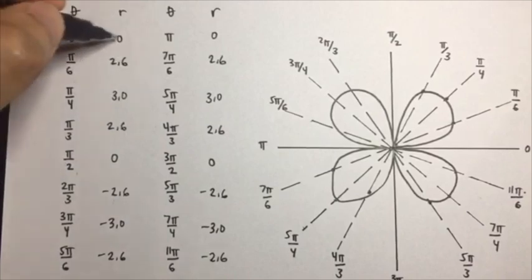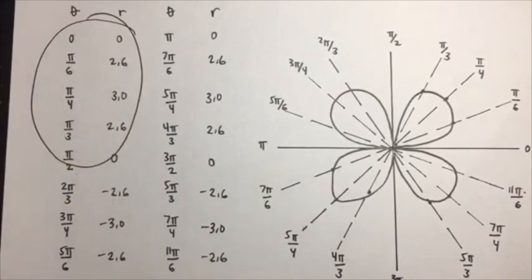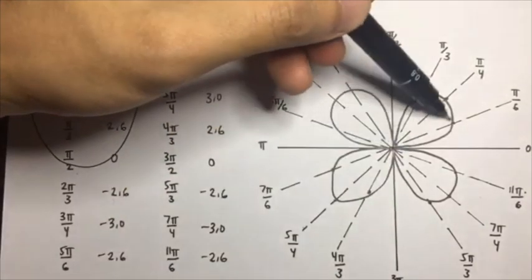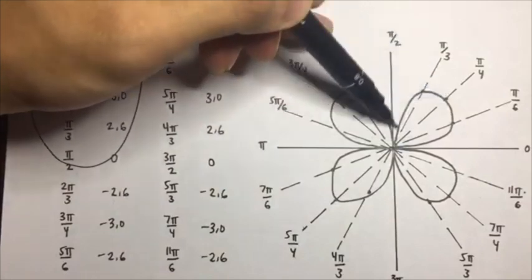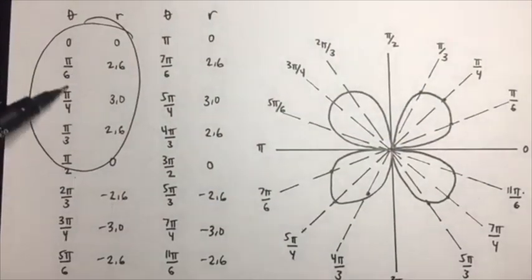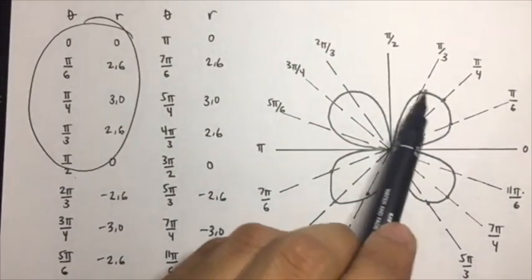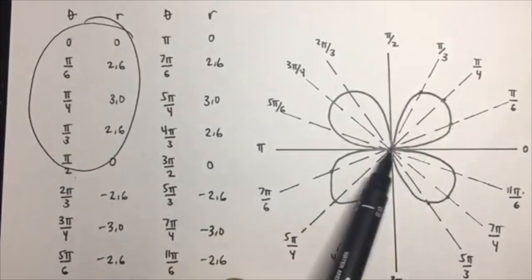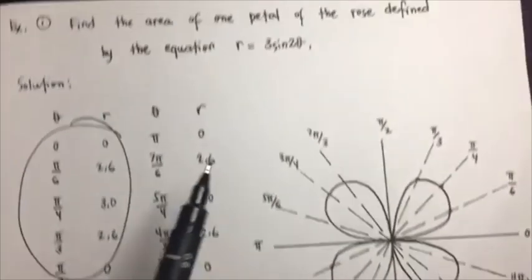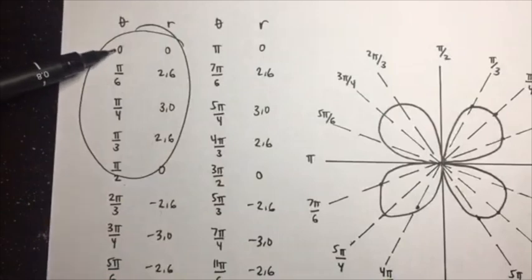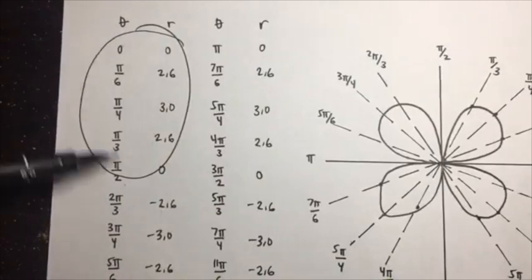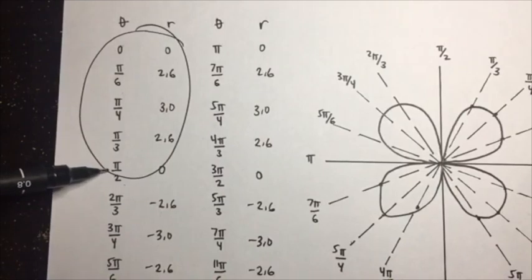That interval corresponds to this petal in the first quadrant, because these are the intervals when we are tracing this petal. So in our limits we will only consider from theta equal to 0 to theta equal to pi over 2.